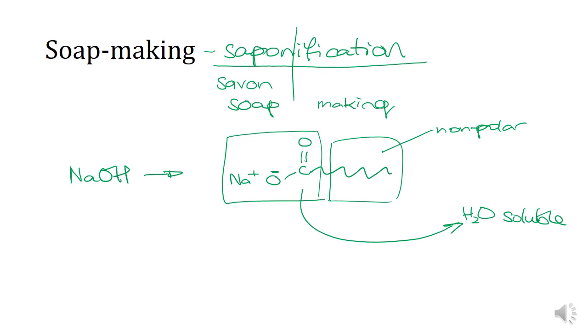So the non-polar portion of the soap molecule dissolves in the grease that's on your skin, and then we use the attraction between this polar end and the water molecules that you're using to wash your hands with to actually pull the fat off your skin, which is why your hands feel dry if you've used too much soap, because you're pulling off not just any added oils, you're pulling off the oils that are naturally produced by the skin.